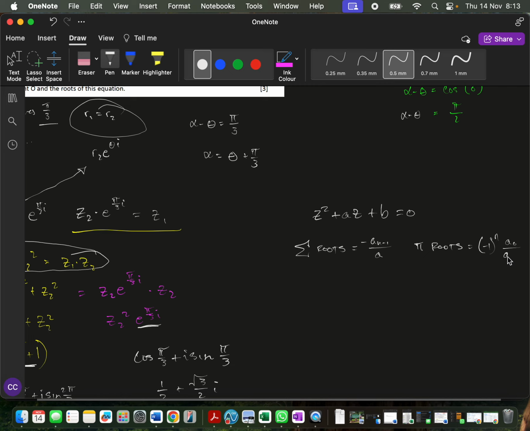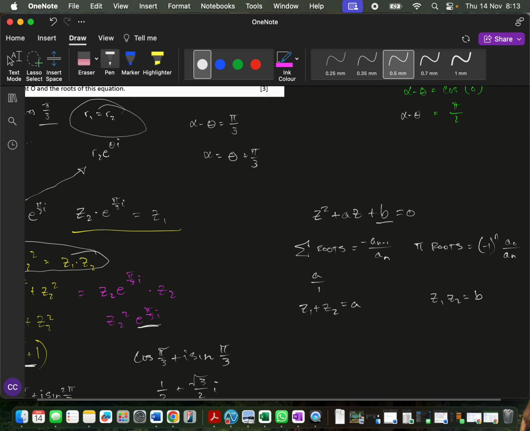So the sum of these roots would be a divided by 1. If I added z1 plus z2, I would get a. The product of the roots would be the last term divided by the first, so my product of roots, z1 z2, is just going to be b.